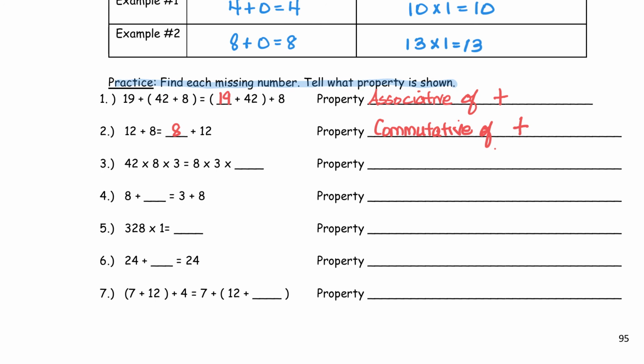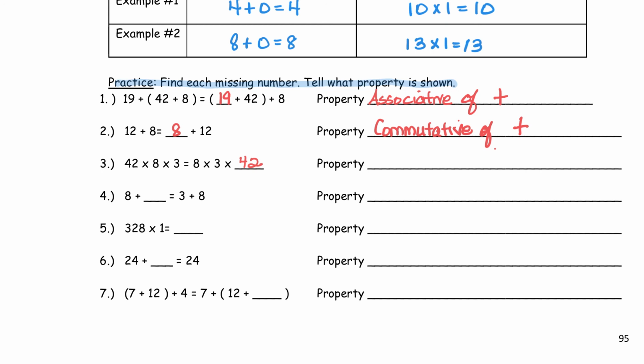Number three. 42 times 8 times 3 equals 8 times 3 times, well, what number is missing here? I notice the number that's missing is 42. Now, here's a great question for you. I notice that there's 3 numbers, but what do I notice about these numbers?